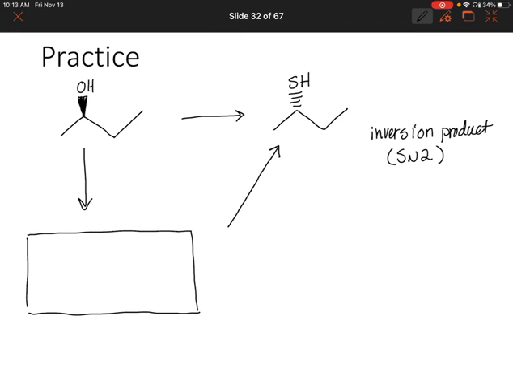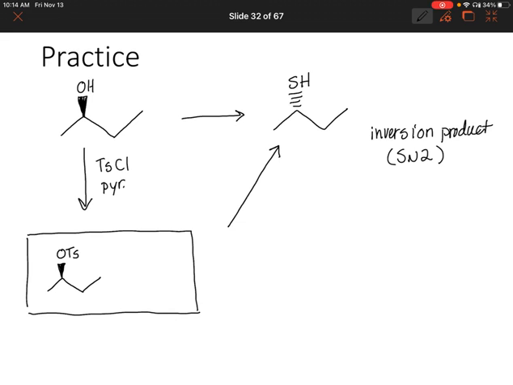Okay, so let's try using the tosyl chloride method. And we'll convert that OH group into a tosyl group. So we'll just abbreviate that as OTs to make it easier.